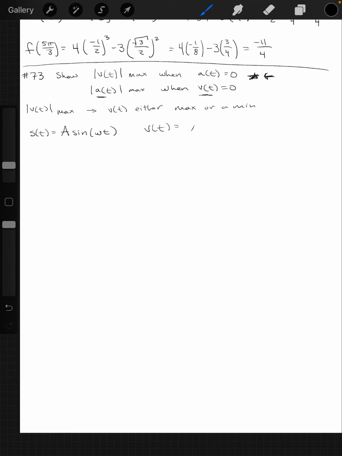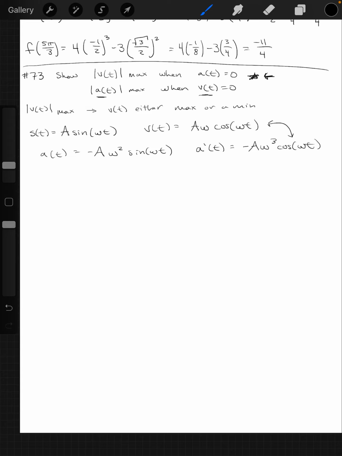We get that the velocity is equal to a omega cosine of omega t. We get that the acceleration is equal to negative a omega squared sine of omega t. And we get that the derivative of acceleration is negative a omega cubed cosine of omega t.